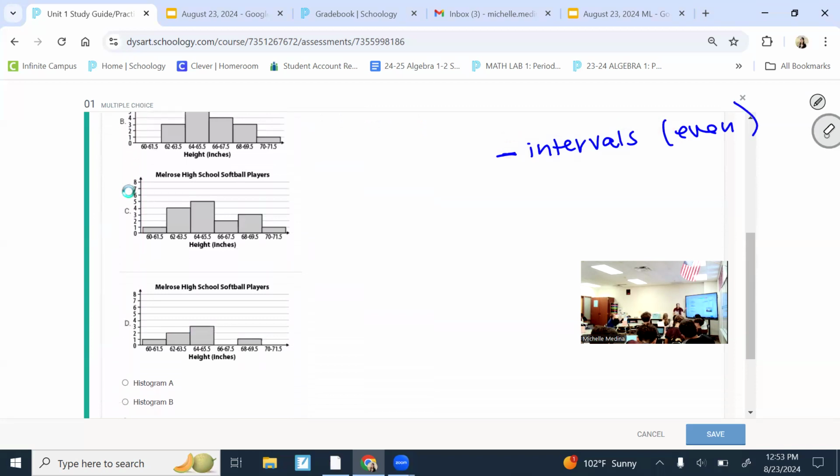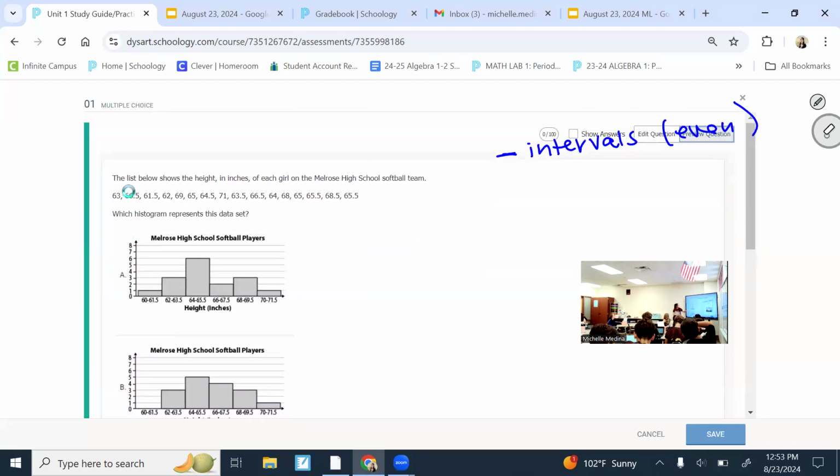So I'm going to use that to help me find my answer. Anything that goes from 66 to 67.5, I'm going to look at right now. That one, not 64.